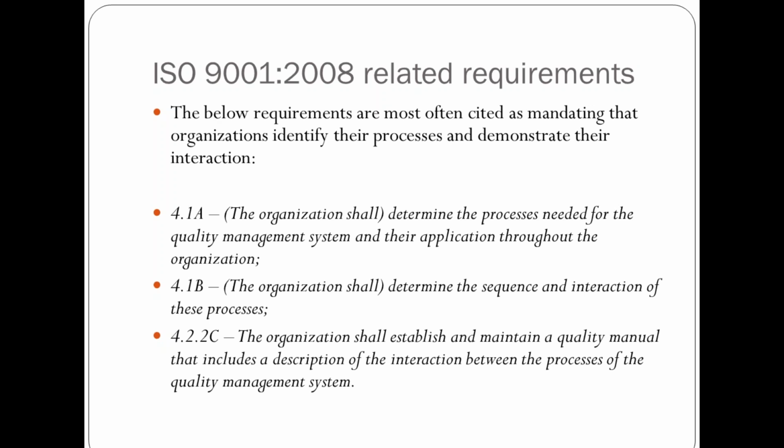Additionally, 4.1b says that you need to determine the sequence and interaction of those processes. Then in 4.2.2c, it states that you need to establish and maintain a quality manual that includes a description of the interaction between the processes of the quality management system.